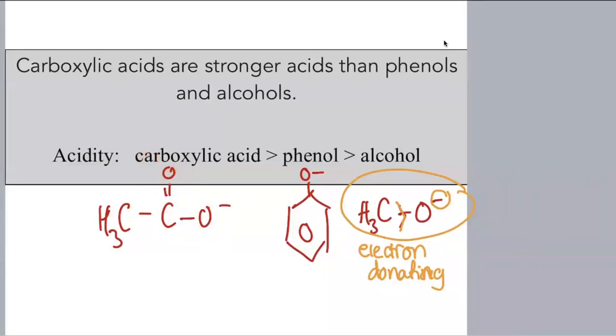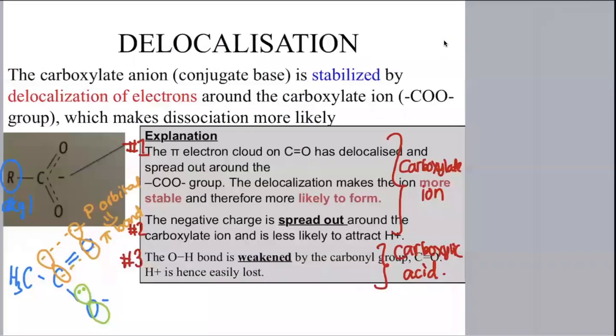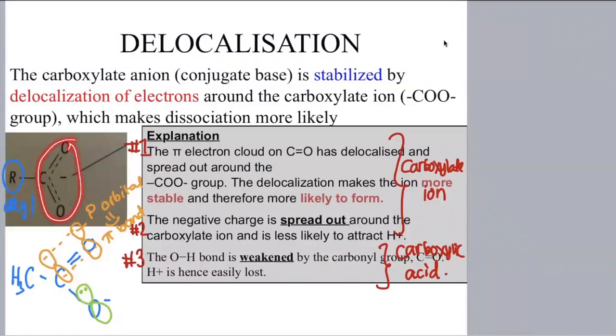So during delocalization, the double bond is not fixed on the C double bond O. It is now spread out throughout the COO minus, which is why you will see some drawings with a dotted line. The negative charge is also not concentrated on the oxygen, but spread out over the whole molecule. That delocalized system helps explain why carboxylic acids are more acidic than the other functional groups.